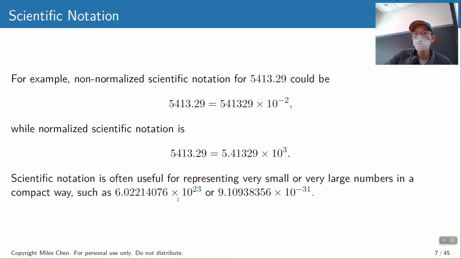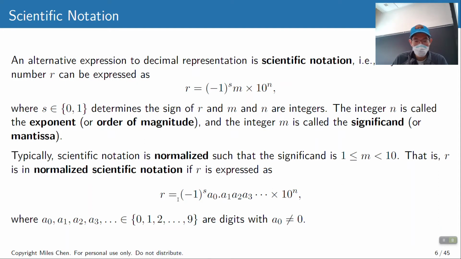Okay, yeah. You have a question? Yeah. So I'm reading the slide, and on slide 6, it says m and n are integers. But how do you get a decimal representation if m and n are both integers? Wait, the alternative expression to decimal representation is scientific notation. Oh, I'm sorry.